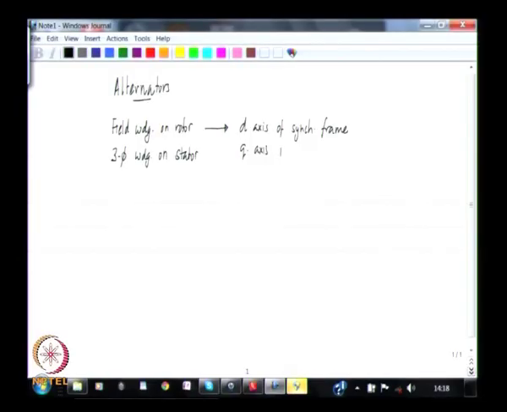then you have the Q axis, which is aligned on the interpolar region. So this is a simplistic way of representing the alternator.